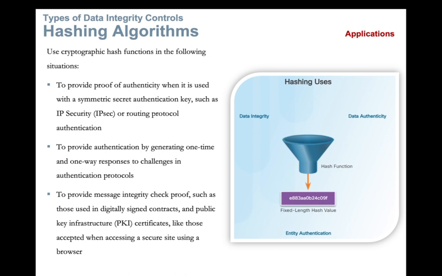For example, when a message traverses the network, a potential attacker could intercept the message, change it, recalculate the hash, and append the hash to the message.